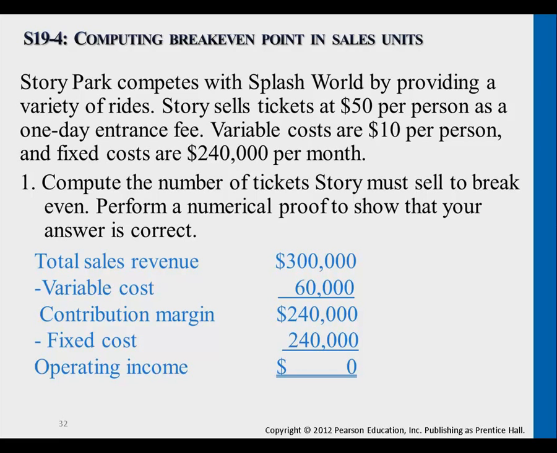And then I also subtract my fixed cost, and my operating income is 0. That means the number that I got is, in fact, break even. Okay? So here I also wanted to remind you that your operating income is contribution margin minus fixed cost, right? So always keep this formula in mind. You'll see that.